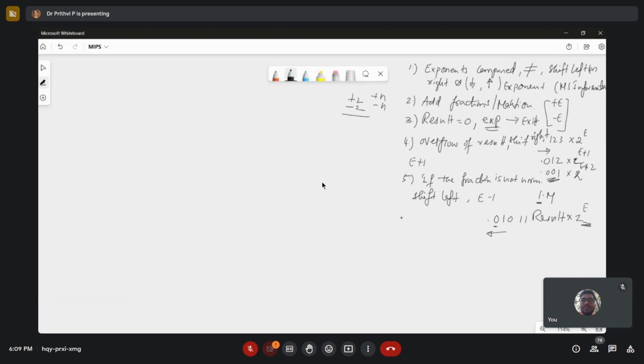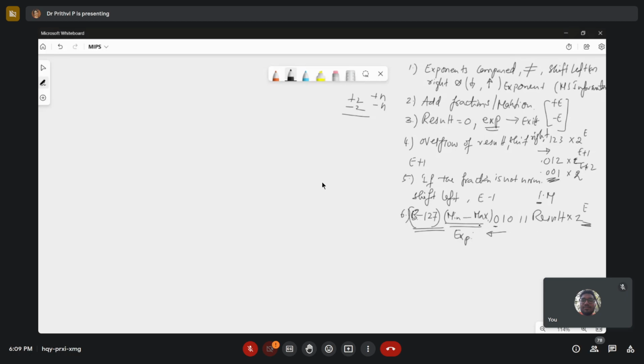Now again you check the exponent overflow. Yesterday we have seen something like minus 127. That means your bias of 127 format you are taking, from the minimum value to the maximum value within this limit, if your exponent is there, then it can be expressed in your 1.m IEEE format.